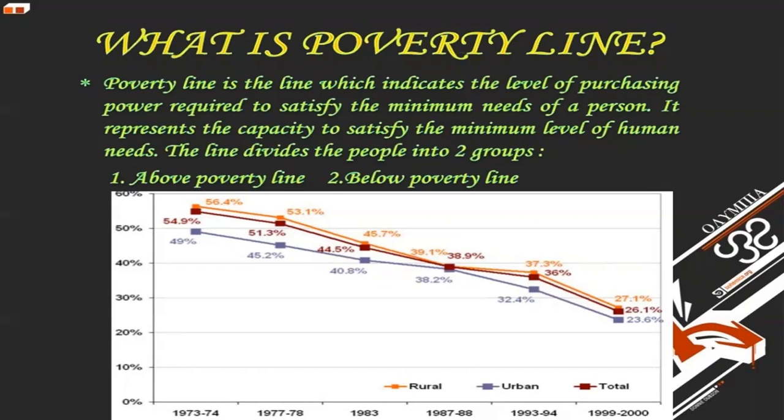Here we can describe, with the help of this diagram, the number of poor in India. The percentage of the poor in India is given here.